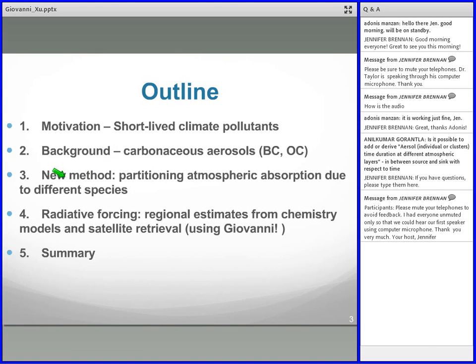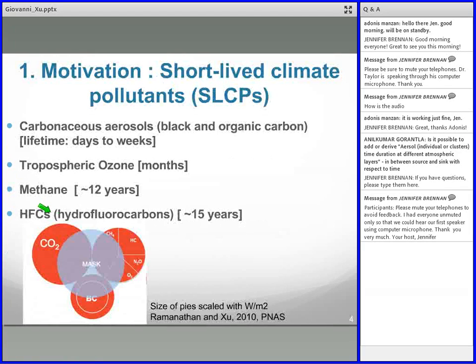For the methodology part, I will explain our new methodology of partitioning the atmosphere absorption into different species. And I will move on to discuss the application in getting black carbon radiative forcing using both observation and modeling work. And that's the part where the Giovanni system has been very useful.